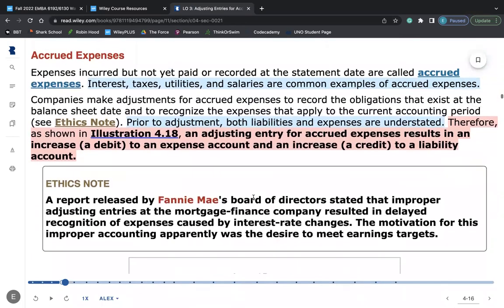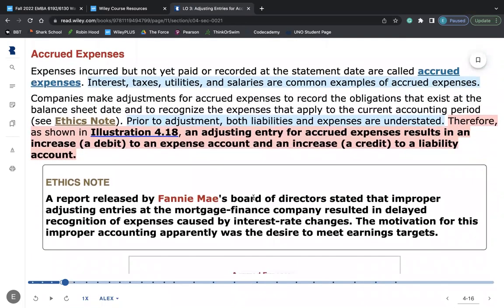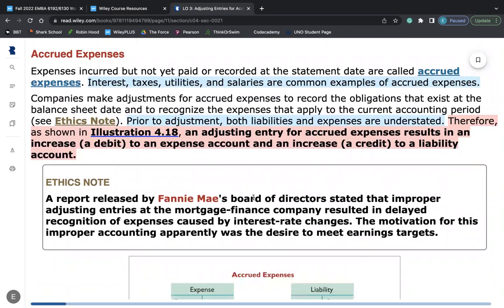All right, we're almost done here, people. We're almost done. Accrued expenses. Expenses incurred but not yet paid or recorded at the statement date are called accrued expenses. Interest, taxes, utilities, and salaries are common examples of accrued expenses.